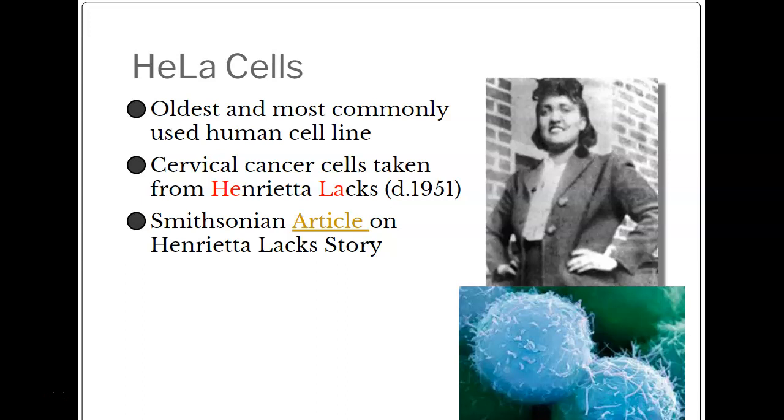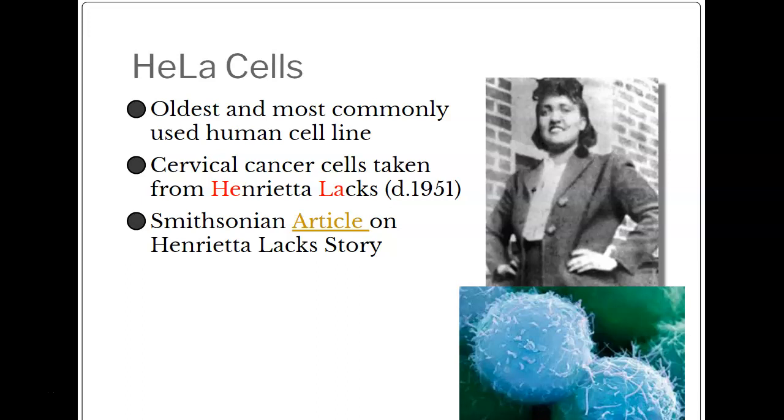And so that's where the name HeLa came from. He from Henrietta, La from Lacks. And they are really cultured cells from her cervical cancer. It's a really fascinating story. There's a book about it called The Immortal Life of Henrietta Lacks, because these cancer cells live on in scientific testing.